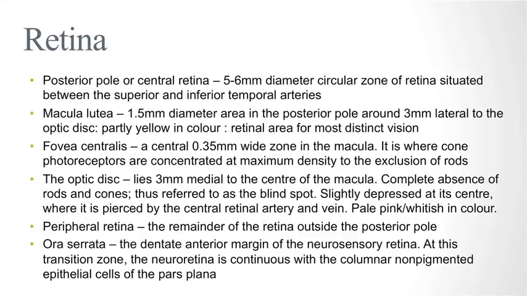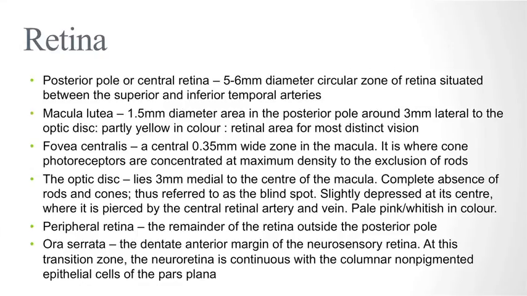It is partially yellow in colour, and it is the retinal area for most distinct vision. Fovea centralis, a central 0.35 millimeter wide zone in the macula. It is where cone photoreceptors are concentrated at maximum density to the exclusion of rods.